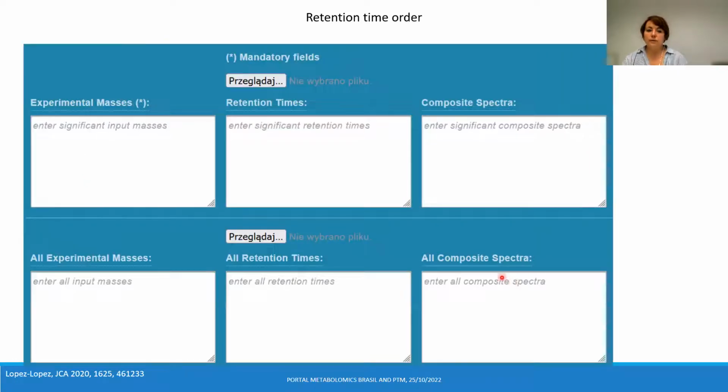And we also implemented this functionality in Serum Mass Mediator, and there is one quite nice, in my opinion, functionality where you can put your masses that you want to annotate, the masses that you found statistically significant, in one place, but also here you can put all other masses, all that are not significant.